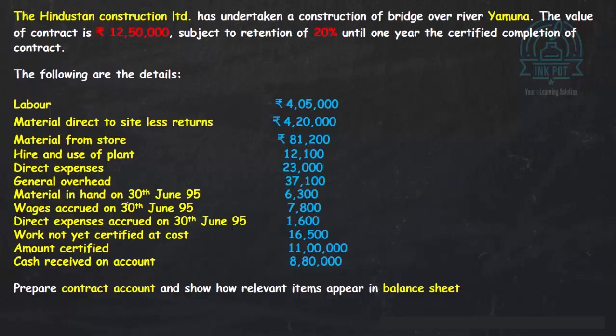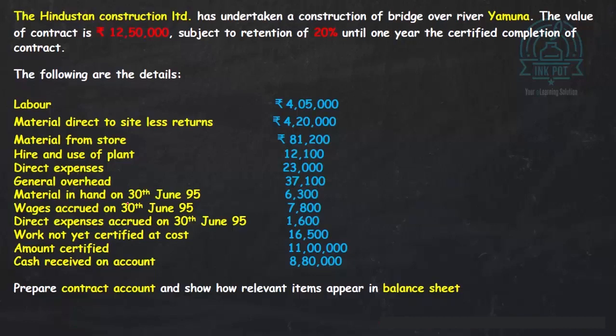Wages accrued on 30th June, outstanding, will be added to the amount of labor. Direct expenses are given. Work not yet certified is 16,500 and work certified is 11 lakh.